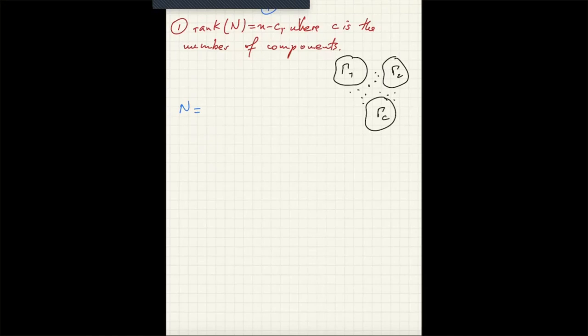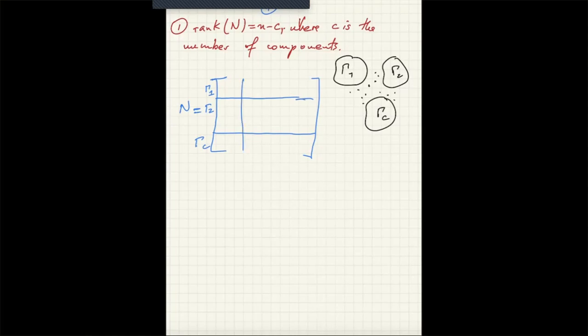Let me rearrange it such that the vertices of gamma 1 come first, followed by the vertices of gamma 2, and all the way to the vertices of gamma C. If you permute rows and columns, you're not going to change the rank, okay? So I'm not changing the rank.